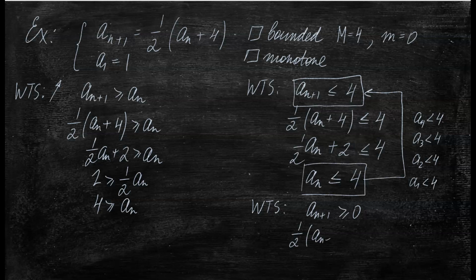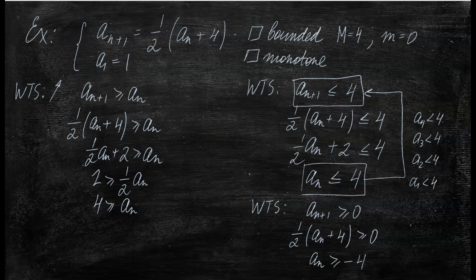So let's try to do the same argument here. Is it greater than 0? Multiplying by 2, we get the same thing: a_n is greater than -4. And it seems like it's going to work, right?